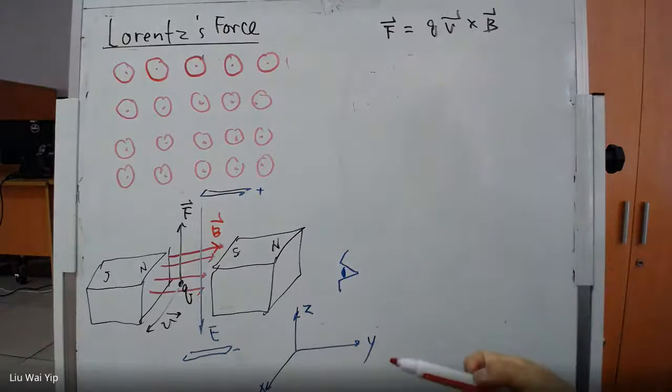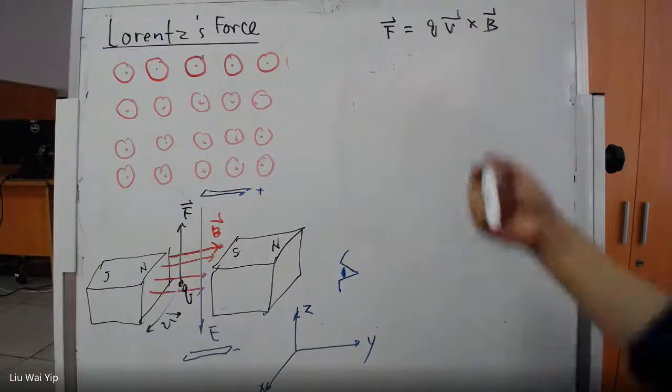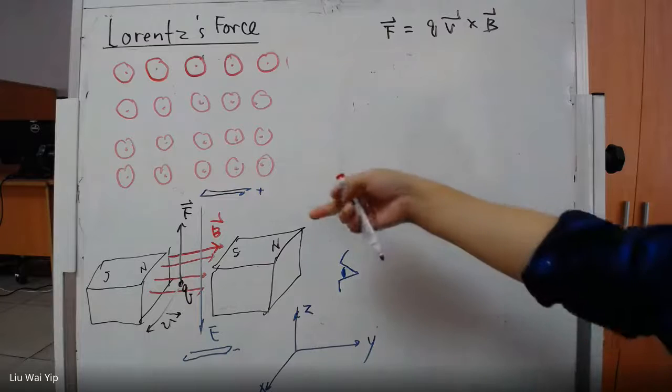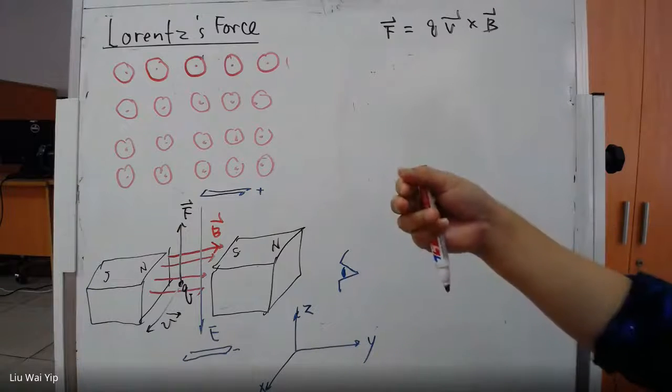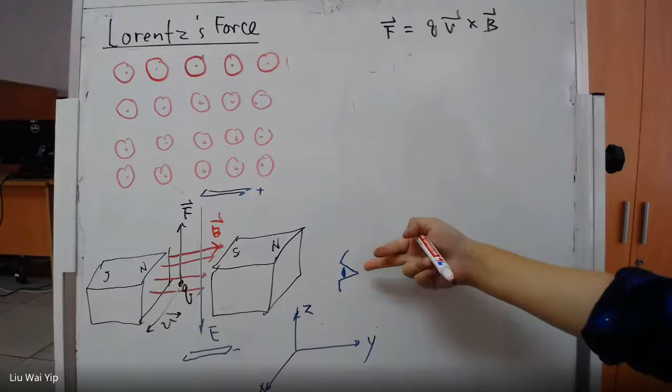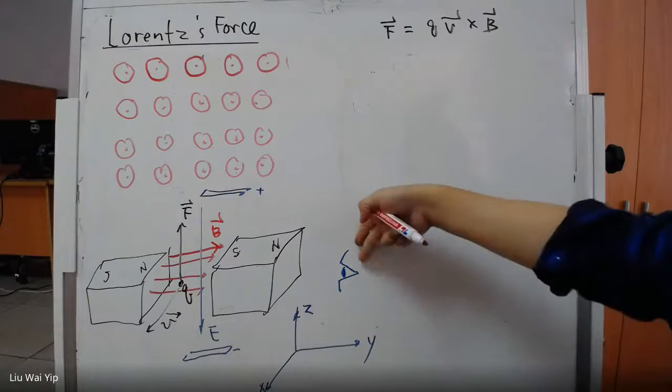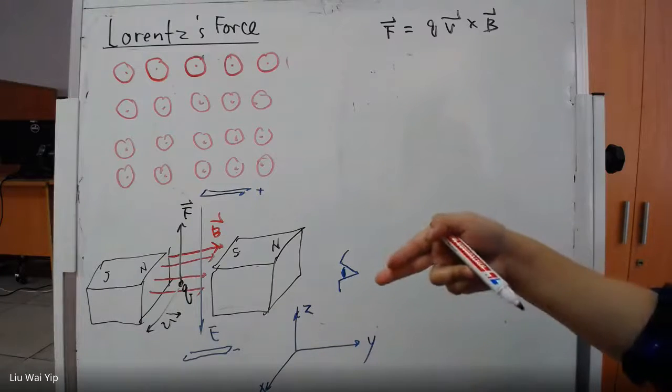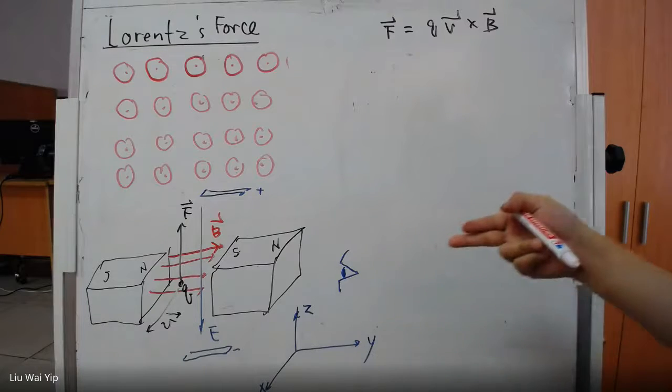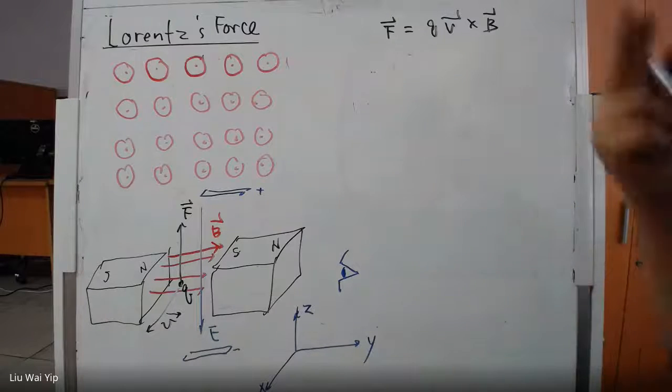And the charged particle is moving in the x direction from the perspective of the observer. The charged particle is moving from right to left.